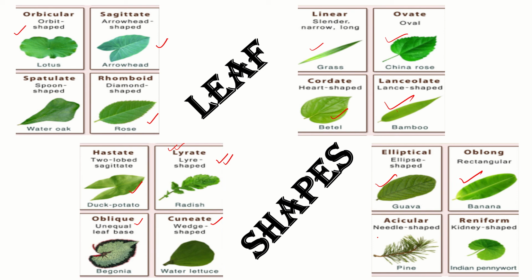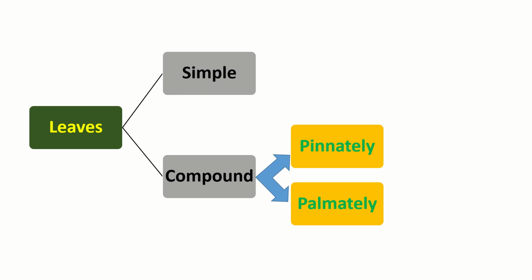Then acicular leaves or needle-shaped leaves are found in pines. Reniform or kidney-shaped leaves are found in Indian pennywort. So these are some of the very commonly available shapes of leaves. Okay. Now we'll come to the types.